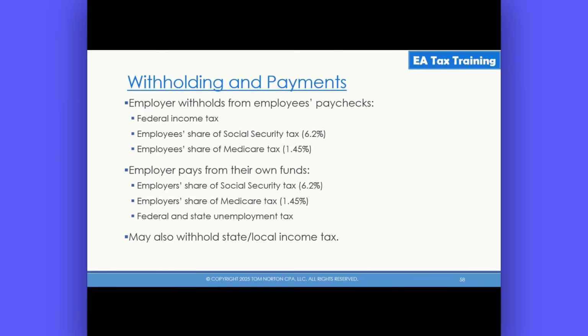And then you are going to be paying out of your own funds 7.65% of Social Security and Medicare. You are also responsible for paying federal and state unemployment tax. So that comes out of your own funds. You may also need to withhold state and local income tax depending on whether or not you live in a place that has those taxes.